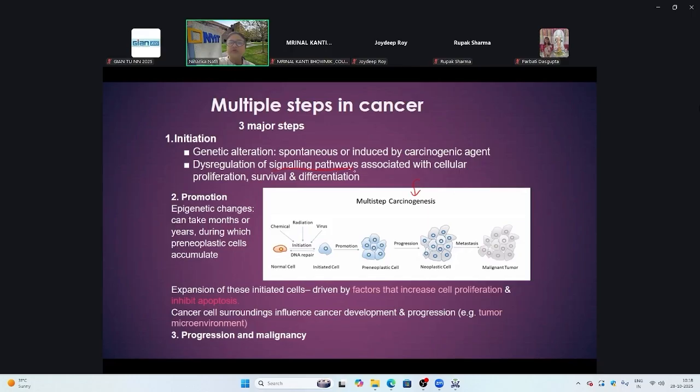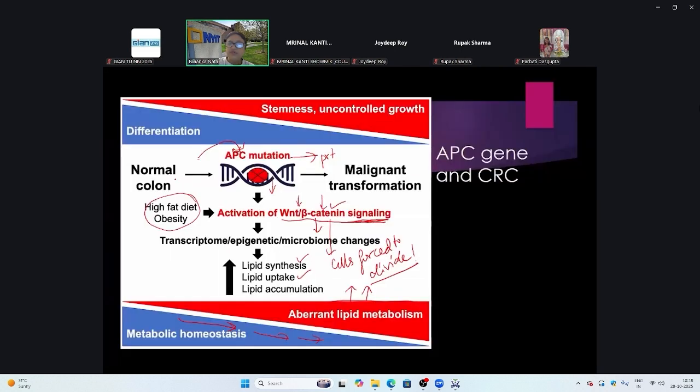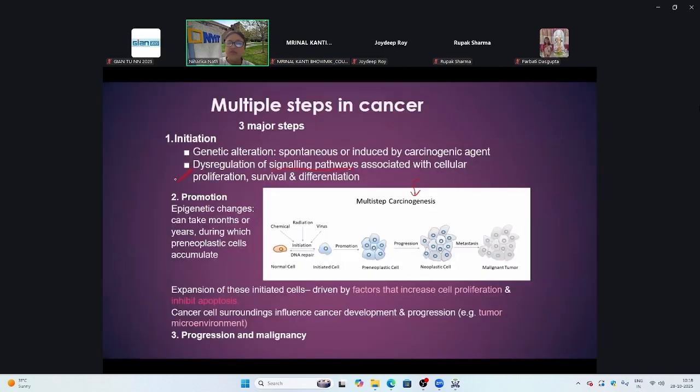And so these signaling pathways will be disrupted. Your prime example was just like I told you just now, the Wnt and beta-catenin signaling. If that goes bad because of an APC mutation, if it gets dysregulated and signaling continues, then it is going to straight away lead to too much proliferation.